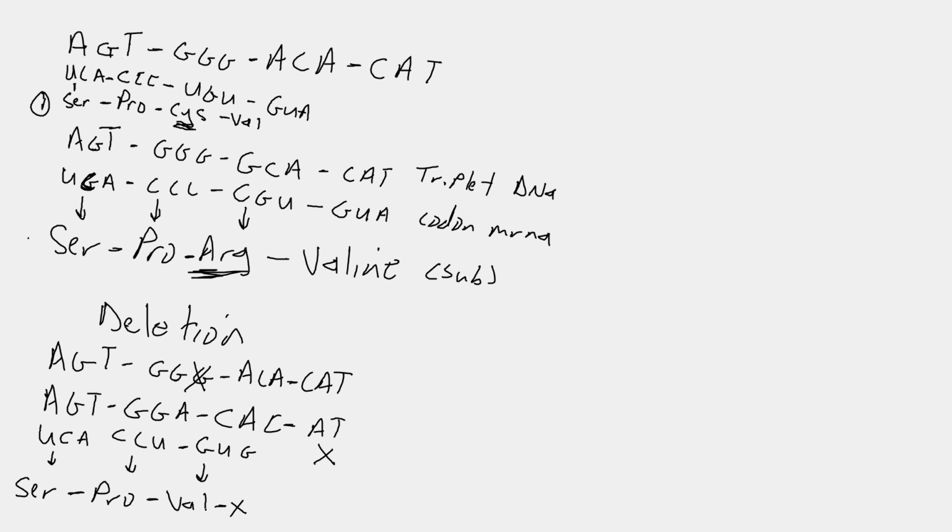If we do an addition for the same idea, remember now we're starting with the same A, AGT, G, G, G. But let's say now I'm going to insert a new letter.